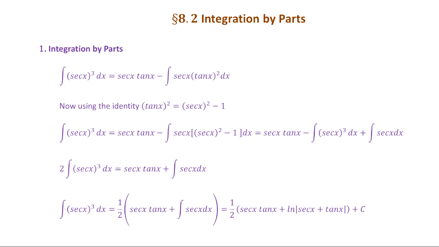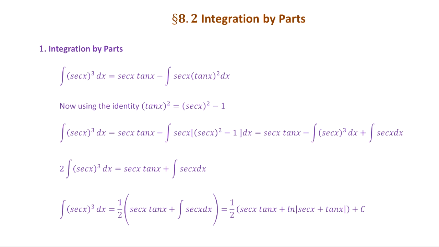If you look at the left side and the right side, you can combine the secant x cubed terms on both sides. If you add one integral of secant x cubed on both sides, you get 2 times the integral of secant x cubed on the left, and on the right is secant x tangent x plus the integral of secant x.